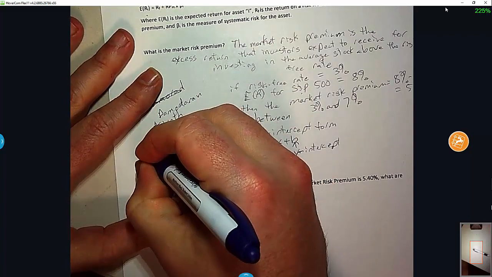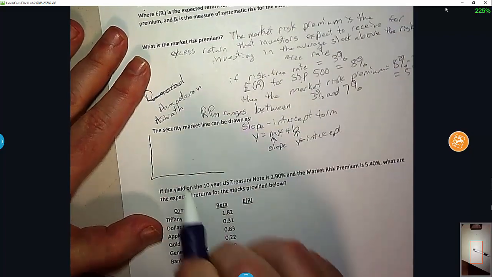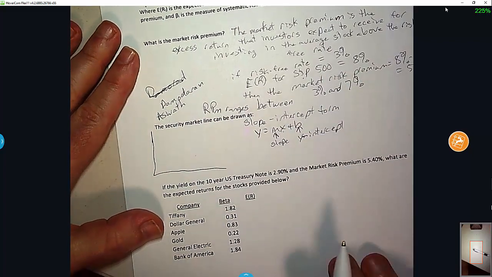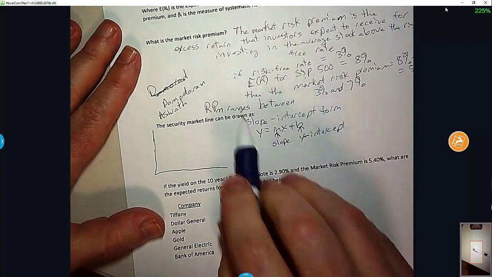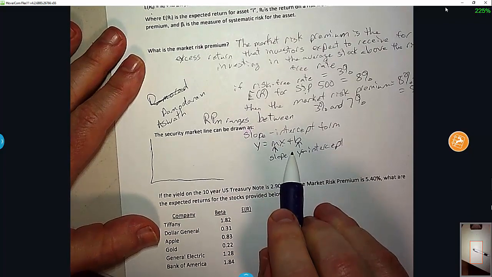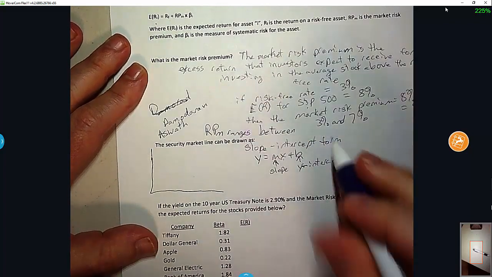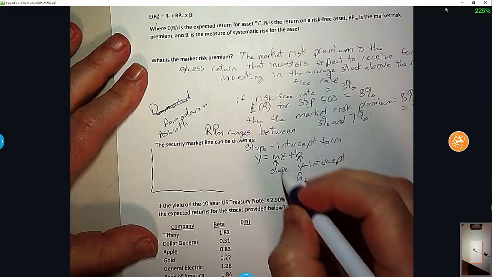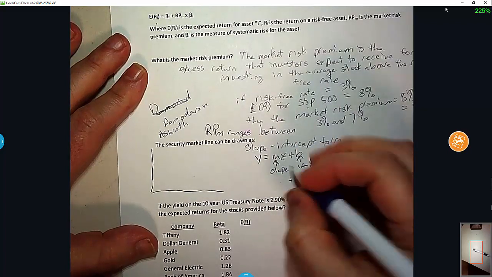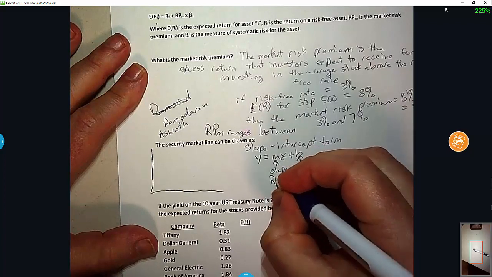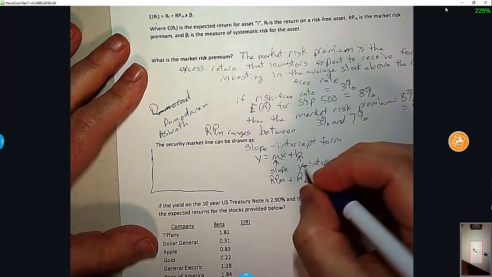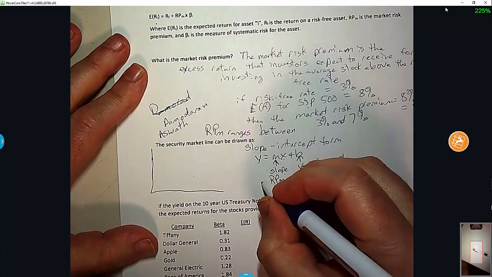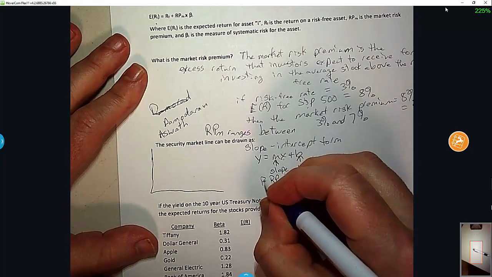I don't have great drawing skills, but we can actually draw out the security market line if we have the values here, because the b, the y-intercept, is our risk-free rate. Our slope is the market risk premium. And our x value is the beta.